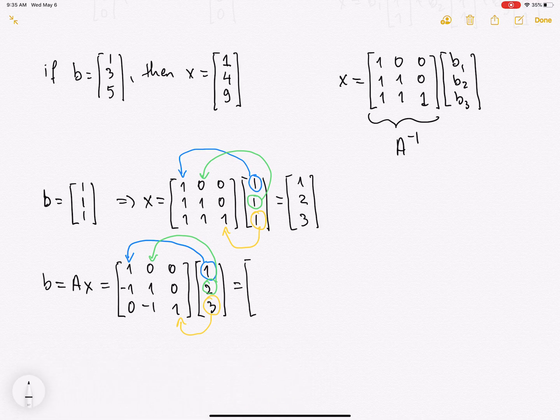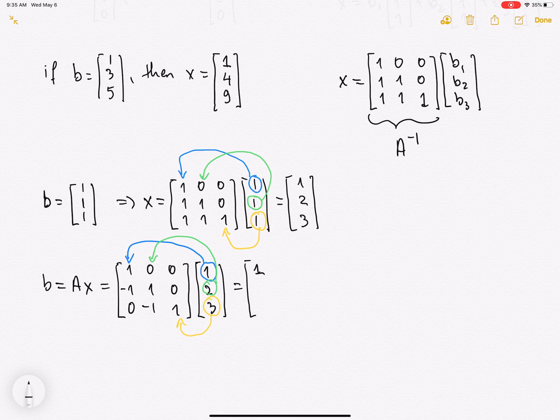So for the first component of the answer, you see that only the first column plays a role because the second and the third have zeros there. So I know that the first entry must be 1. Now for the second one, I have negative 1 from the first column plus 2 from the second column because 2 multiplies the second column, and that gives me a 1. And then I know that the first column doesn't really play a role in the third component because it has a 0 there.